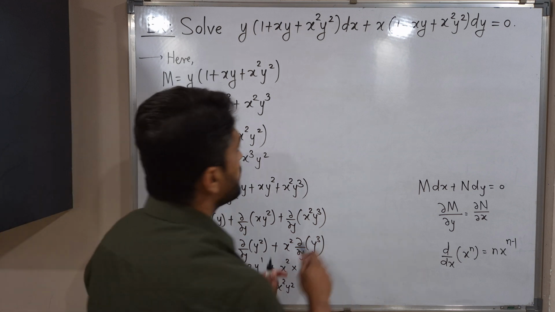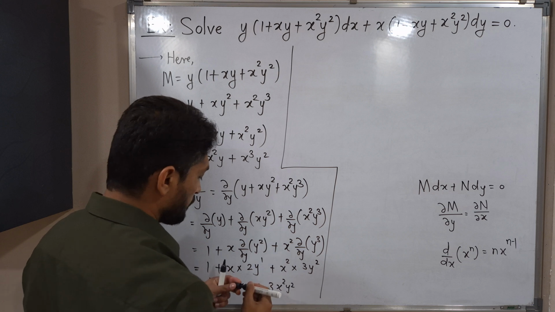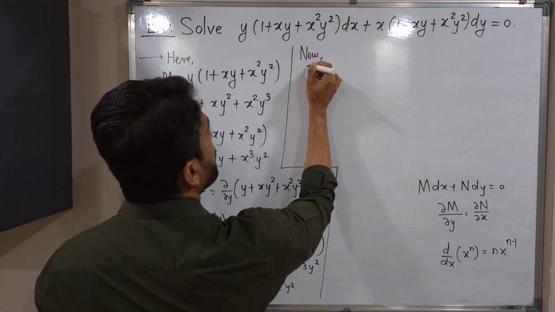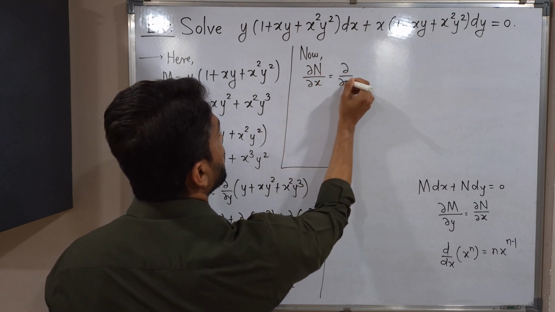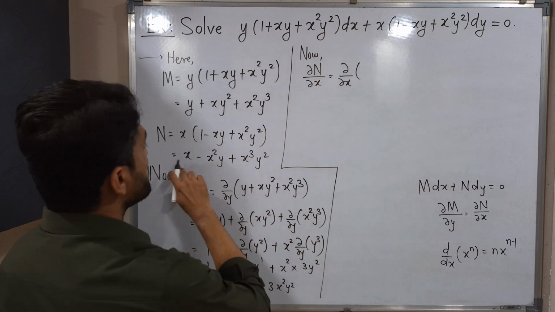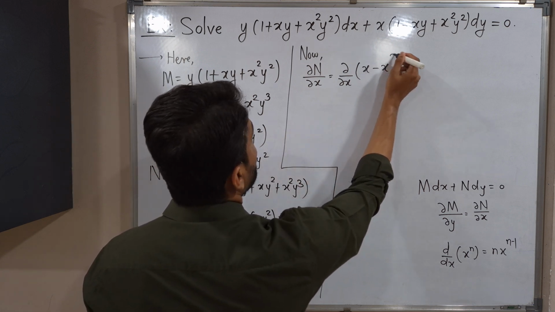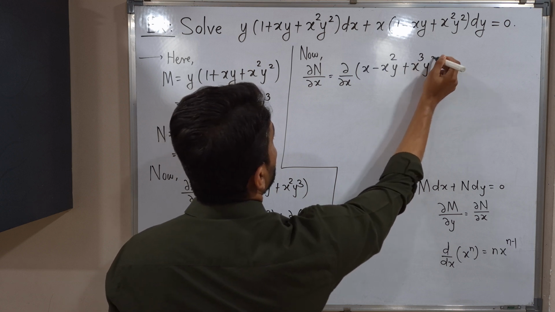So let us go for the second derivative also. Now, the derivative of N with respect to x. Let us find the derivative of N. Where is my N? This is my N. I should put it here as it is: x minus x square y plus x cube y square.